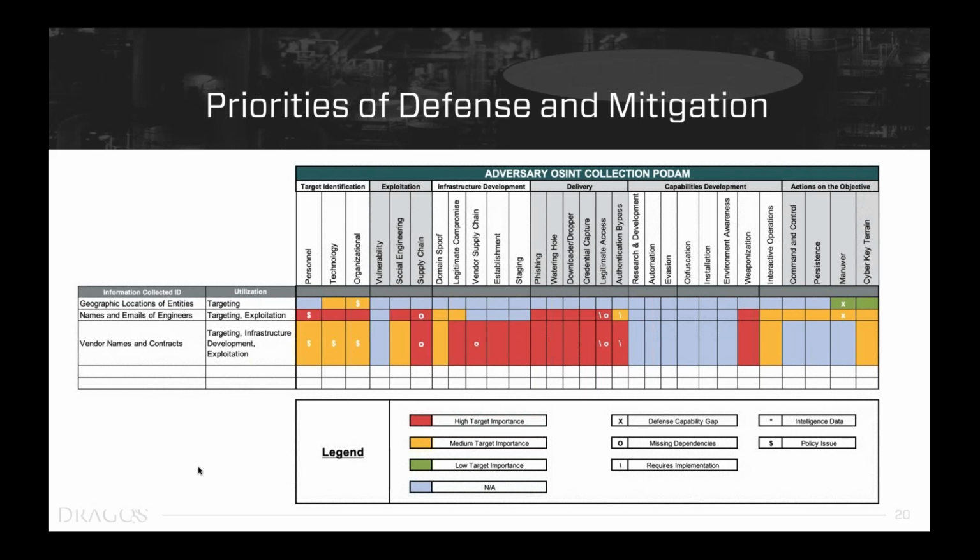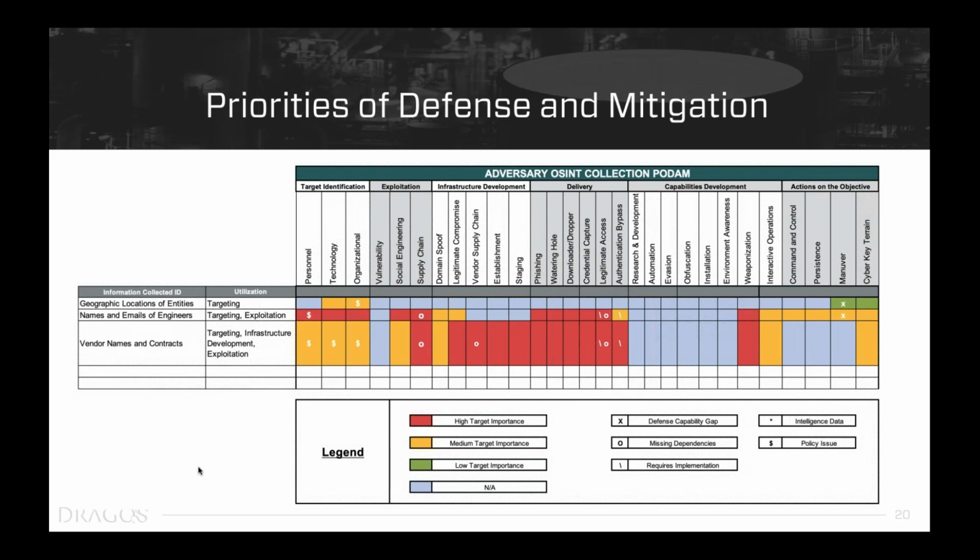There could also be missing dependencies for identifying this information, or something that requires implementation like logging, so you can identify what pieces of information being hosted are heavily trafficked, if they're trafficked heavily by bots or by automated collection, as well as whether your intelligence vendors or your own internal intelligence groups are able to provide data about specific OSINT collection threats.